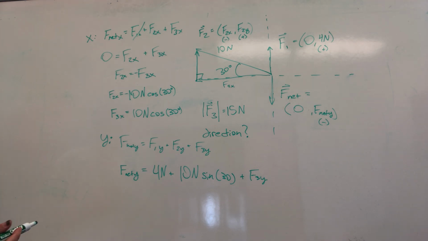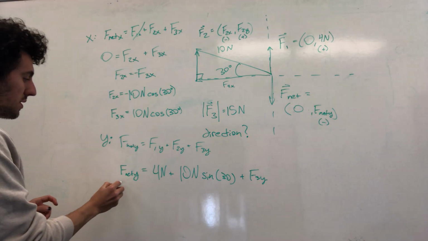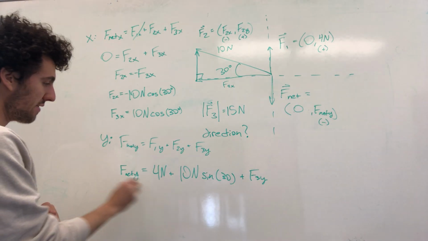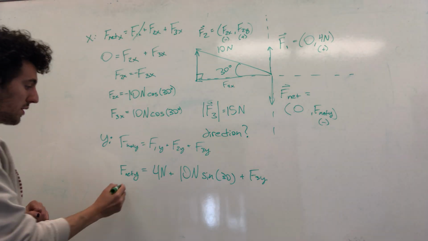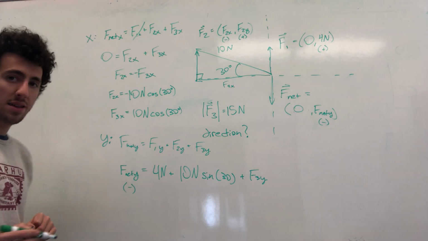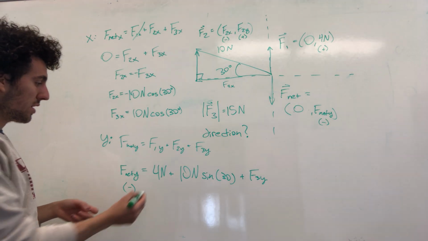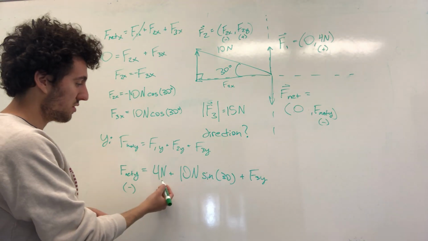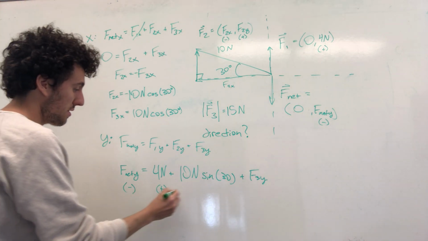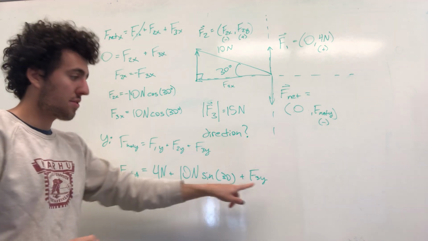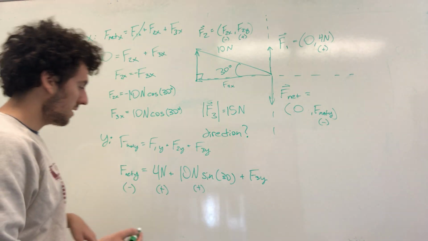So we're left with a little bit of an issue here, which is that we have two unknowns in this. We have f net y and f3y, neither of which we know. We know f net y is negative, and we know that these two things are positive, this 4 newtons and 10 sine 30. So that does tell us one thing, that f3y is also going to be negative, right?